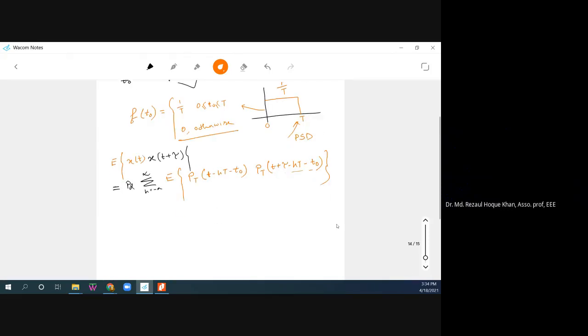Now what it gives me is the expected value, or the average, with respect to t0, because our expected value operator is inside.